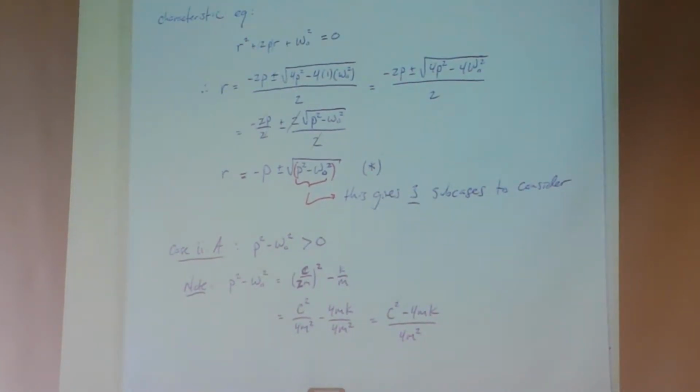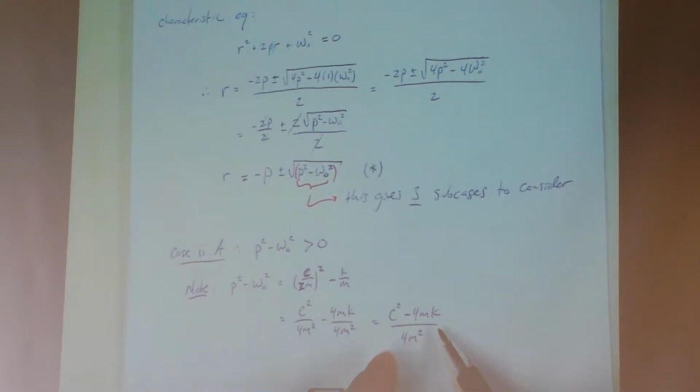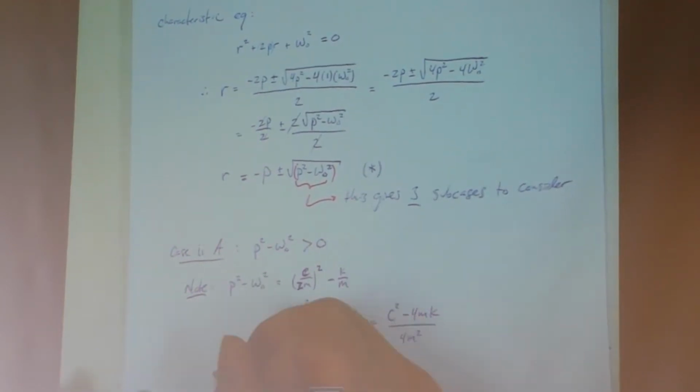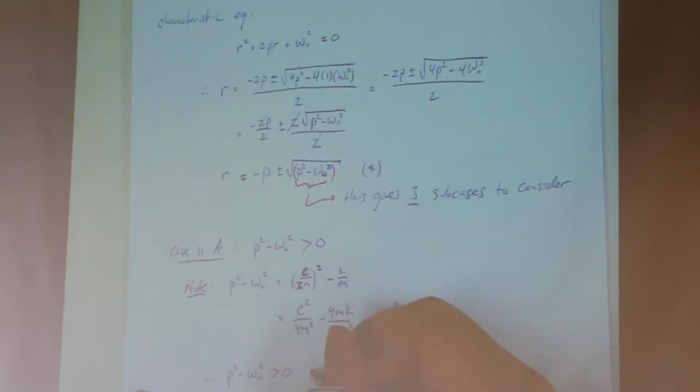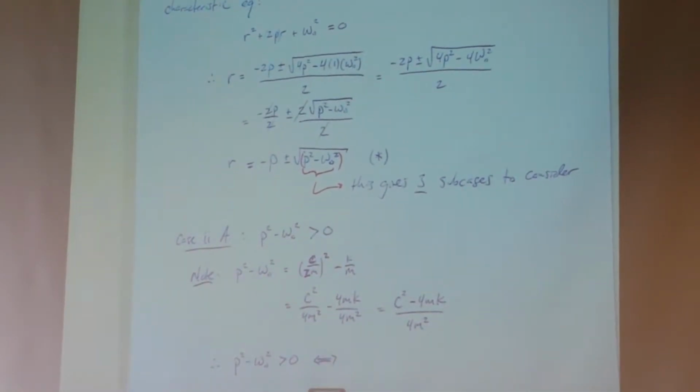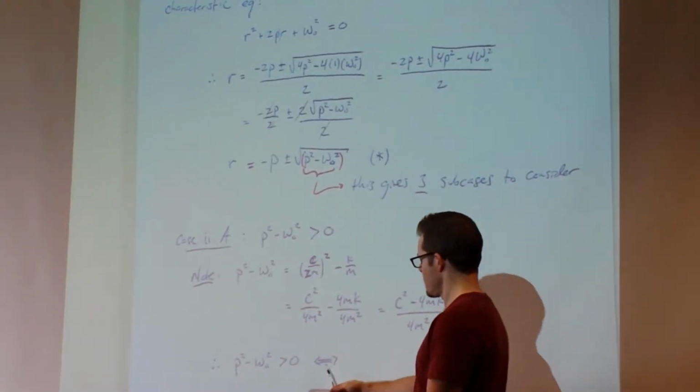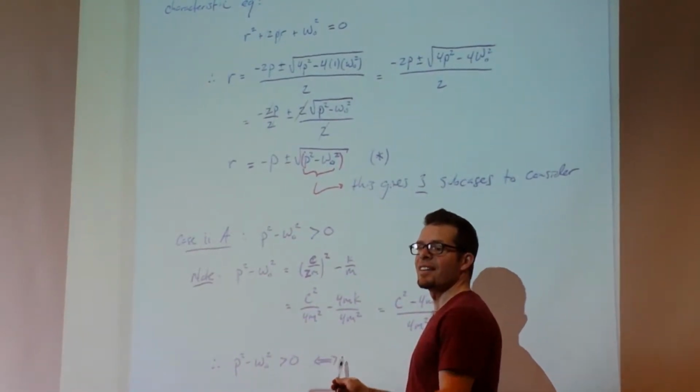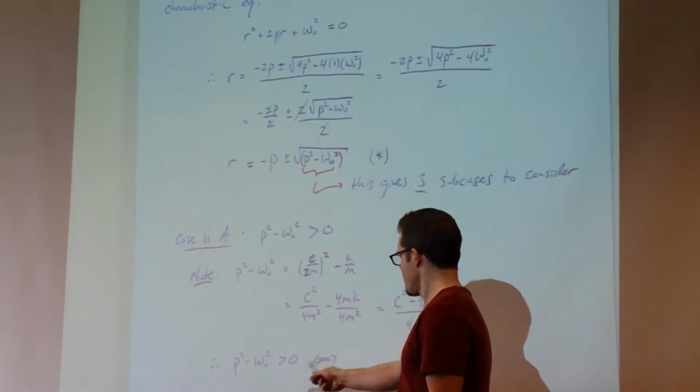So, with this calculation or formulation, saying that p squared minus omega naught squared is positive is, what's the word I'm looking for? What does this arrow mean? It's been a long day. It's an if and only if.